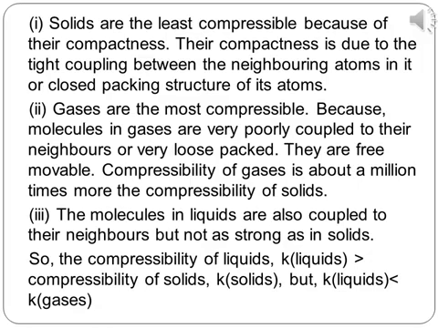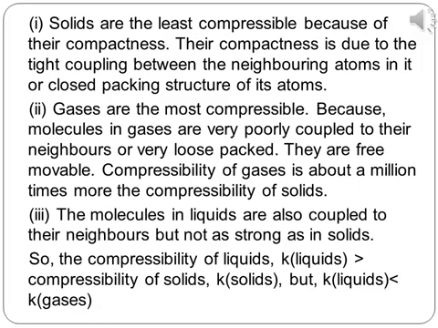Regarding gaseous substances, they are most compressible because molecules in gaseous substances are very poorly coupled to their neighboring molecules, or they are very loosely packed. They are free to move anywhere. So, the compressibility of gaseous substances is higher than both solid and liquid substances.